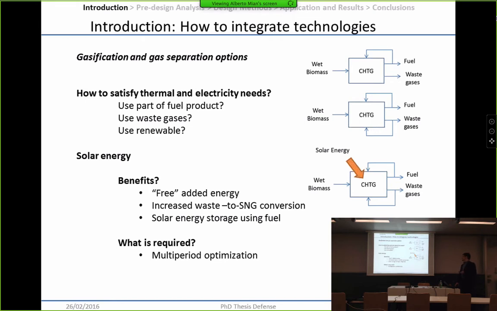But as far as we include this option, the problem gets more complicated for the reason that the sun is not a steady state utility, so it's not something that is there all hours of the year. For this reason we will have to consider a multi-period optimization. So we have to consider the time.